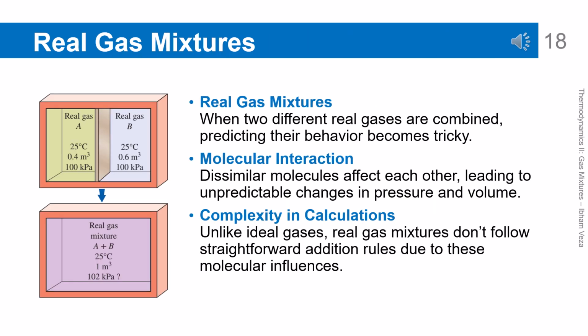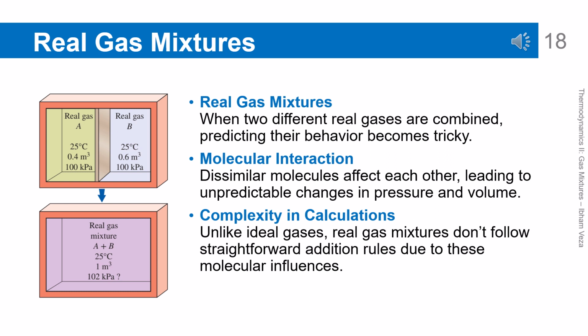Real gas mixtures and molecular interactions. In real gas mixtures, interactions between different molecules lead to more complex behavior. Pressure and volume no longer follow simple additive rules, as in ideal gases. Dissimilar molecules influence each other, causing deviations that are not easy to predict with simple models.